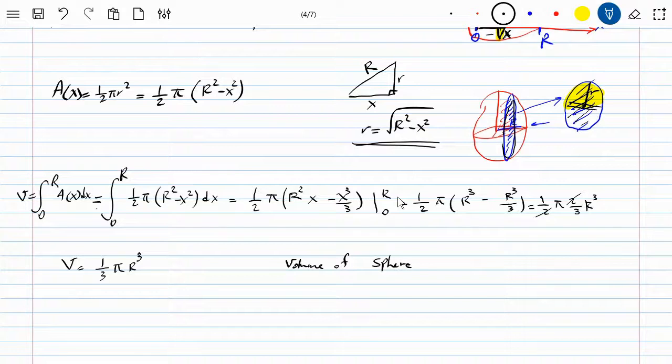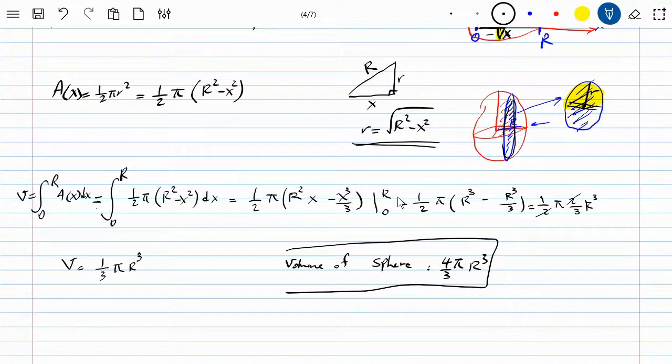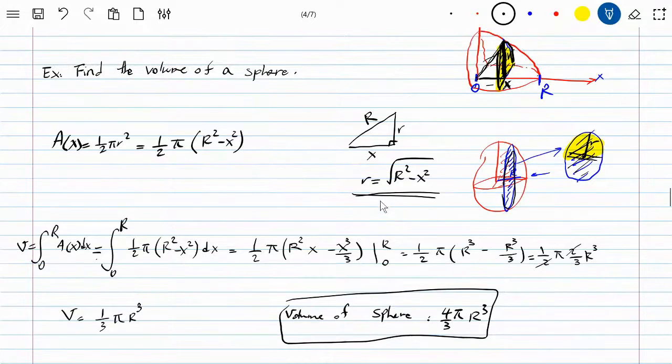If you multiply this by 4, it's 4/3 pi R cubed. This is the volume of the sphere. Normally you're just given this formula, but now you can prove it. One important thing is to figure out this cross-section area.